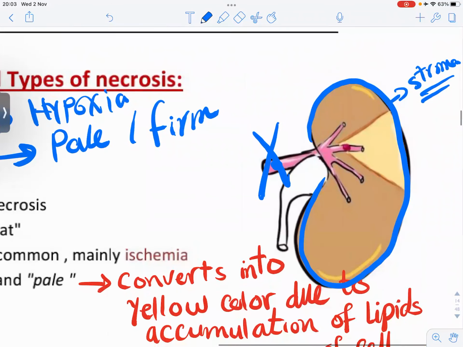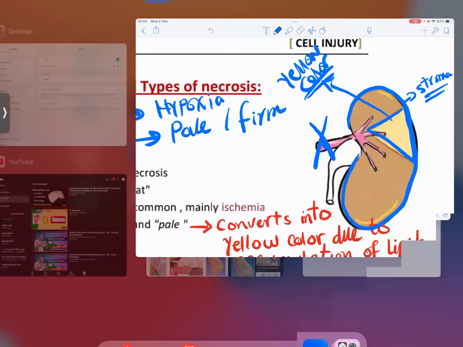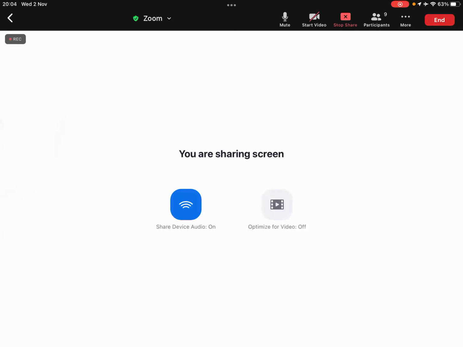Here it's pale in color, but after some time the necrotic cells will turn yellow. Does anyone know why necrotic cells in the early stage are pale in color, but in the late stage will be yellow?